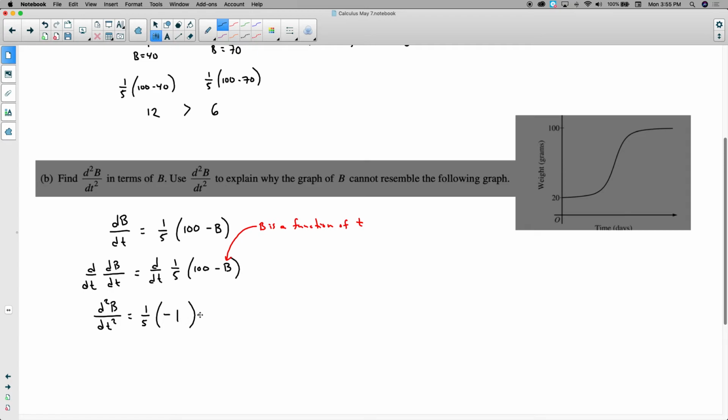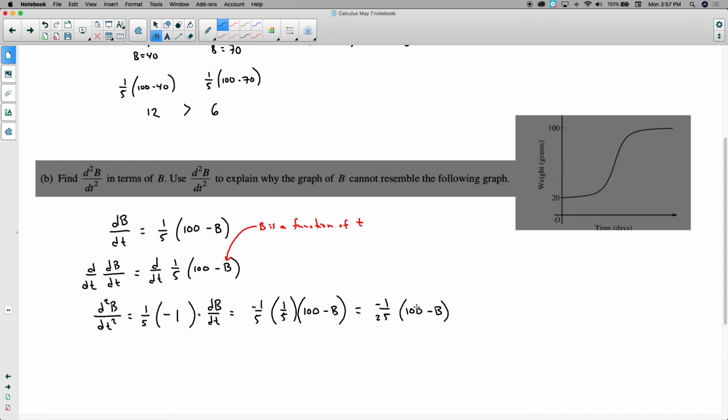But then by the chain rule, we need to multiply by its derivative, which is 1/5 times 100 minus b. And then we have negative 1/25 times 100 minus b. So I found the second derivative of b with respect to t.